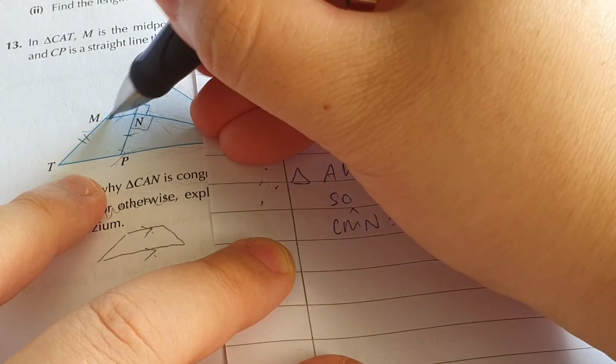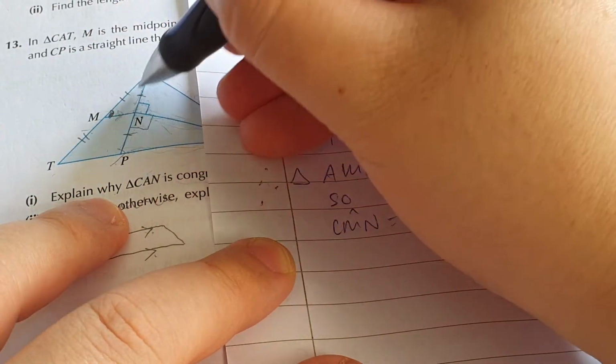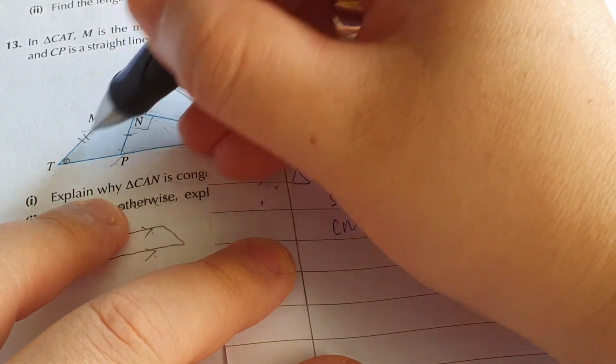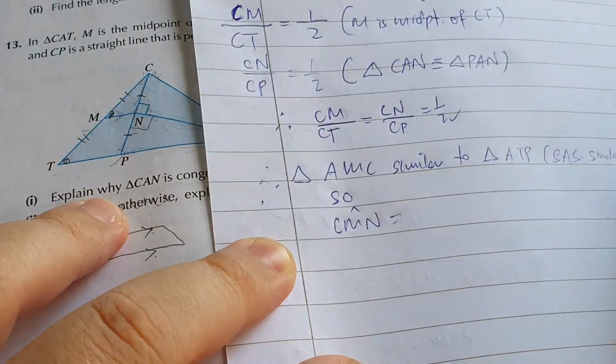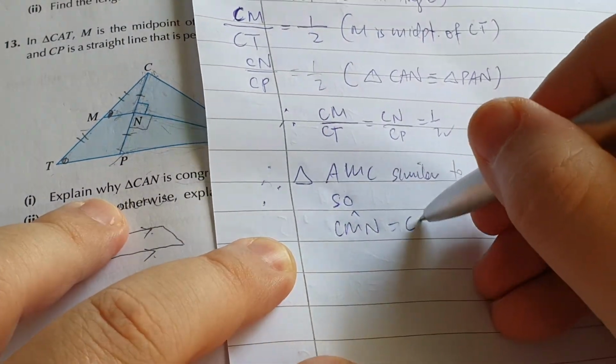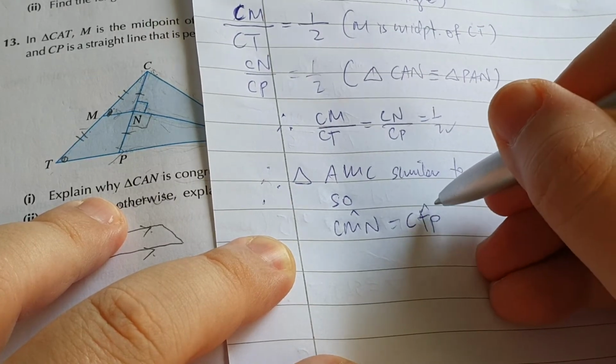This angle here, because this triangle is similar to this triangle, so these two angles must be the same, for similar triangles.